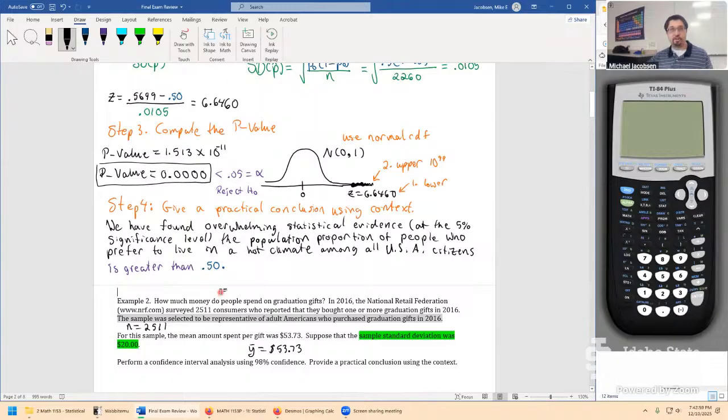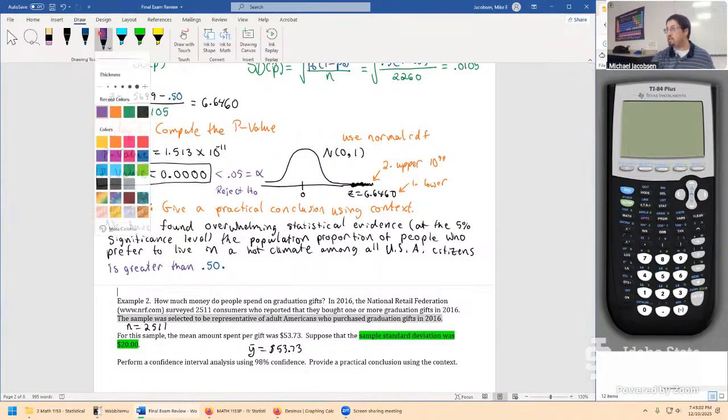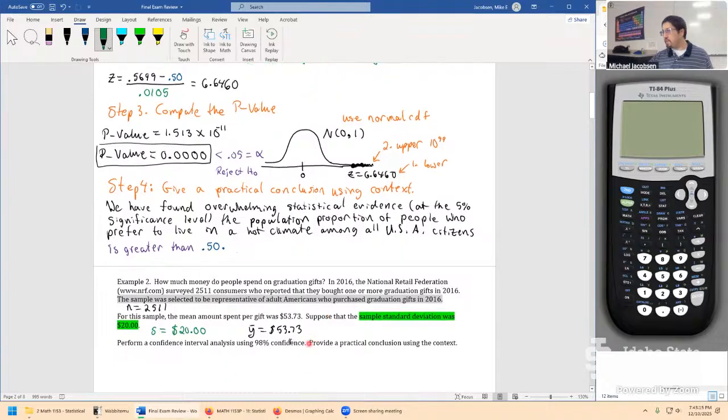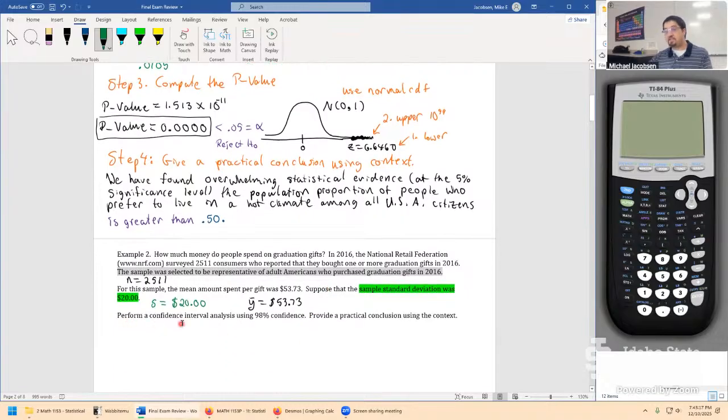Trying to keep the same color coding as when we did these problems from before. So for this part, this is going to be S equals $20. Okay, so they go on to say, perform a confidence interval analysis at 98% confidence, provide a practical conclusion using the context.